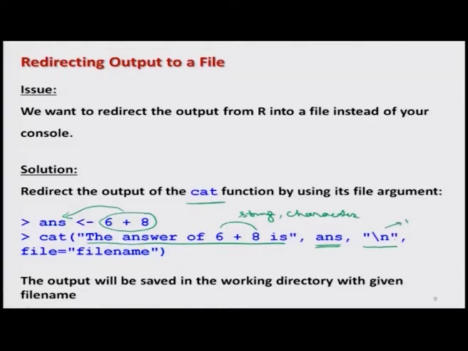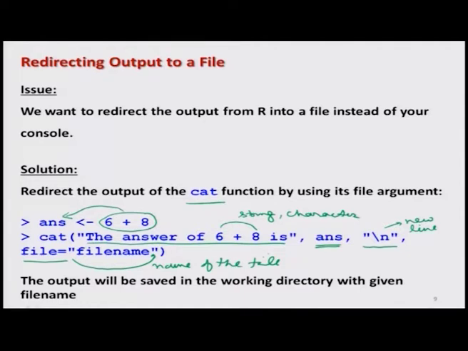that is indicating that the next outcome is going to be on the next line. So, this is indicating a change of line, that is a new line, and after that we have to write file equal to, and then inside the double quotes I have to give the name of the file where I would like to store the outcome of the program.